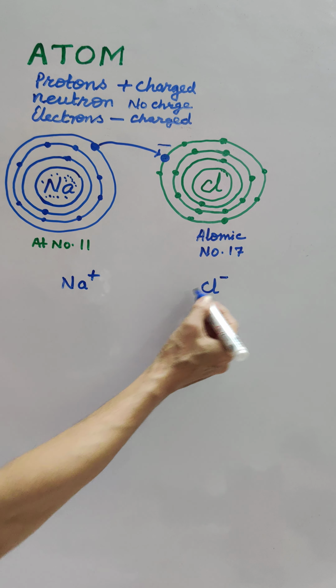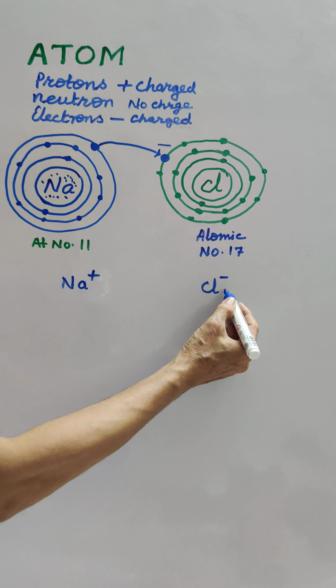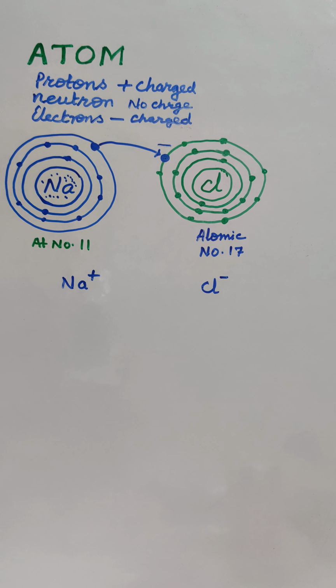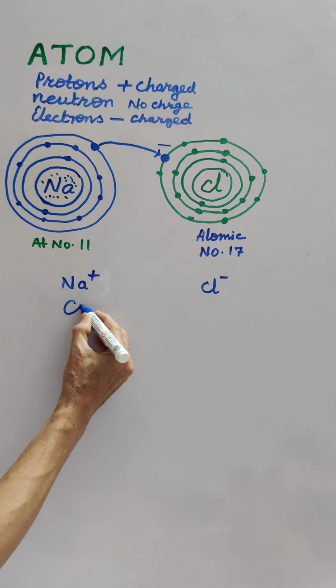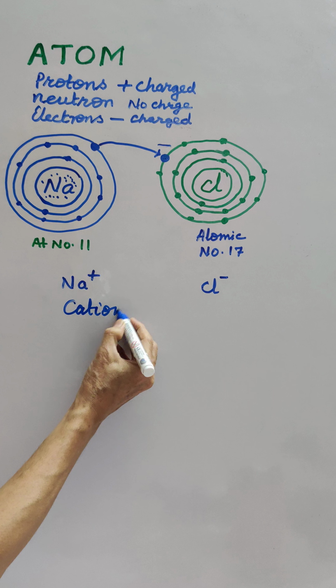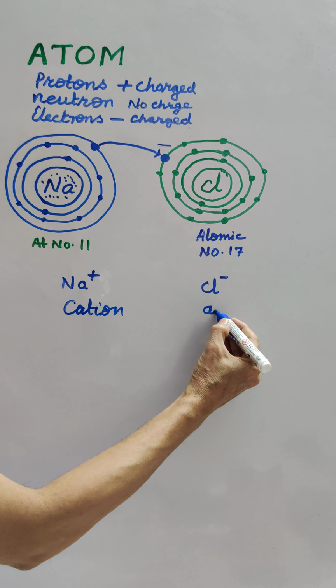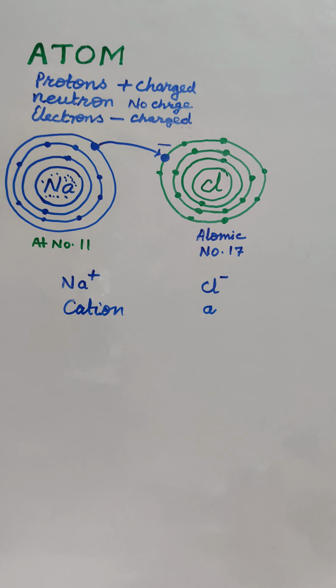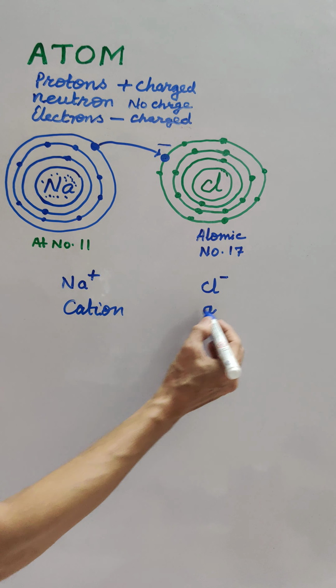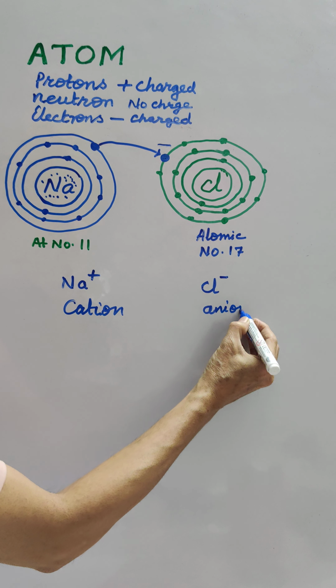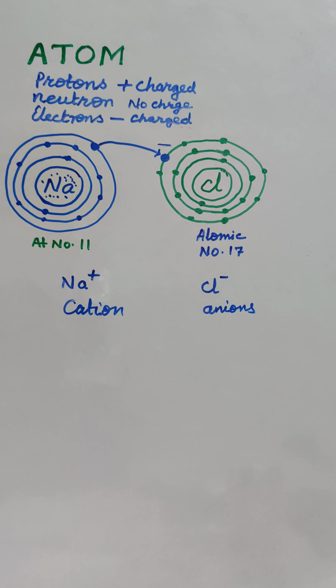Cation and anion. This is known as cation and this is known as anion.